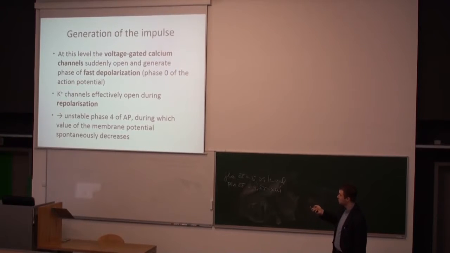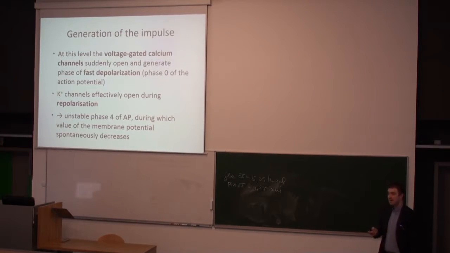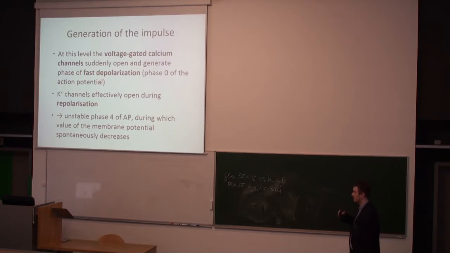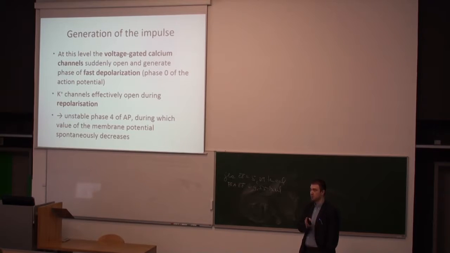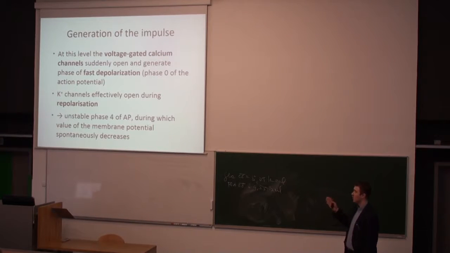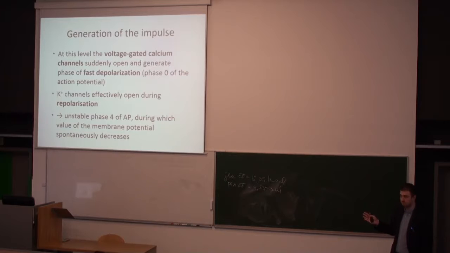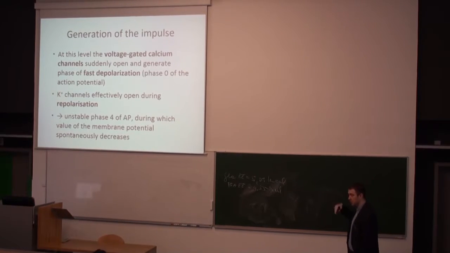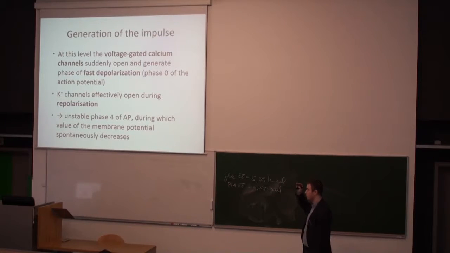So these calcium channels will make the fast depolarization. That's the second phase of the depolarization. The first is slow diastolic depolarization, and here you have fast depolarization. And this will lead to the shift of the potential to positive values. So we will cross zero, and it will be slightly positive.